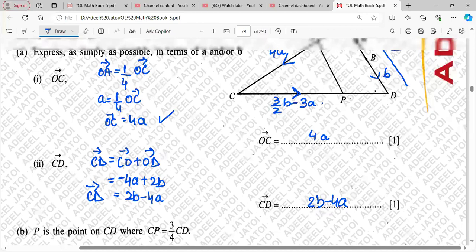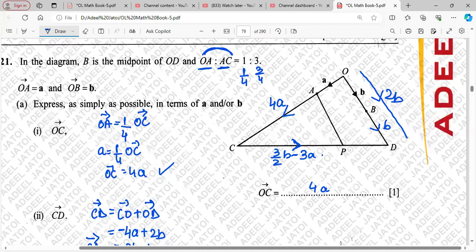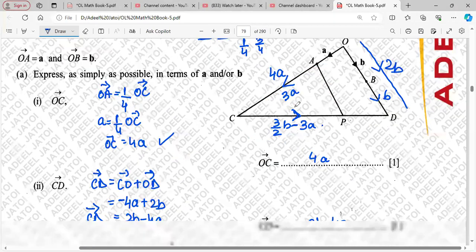So to find AP, you need to go to AC and then CP. AC is 3A, not 4A, because this OC is 4A. We subtract A, so what we get is 3A. So we write down this thing as 3A.